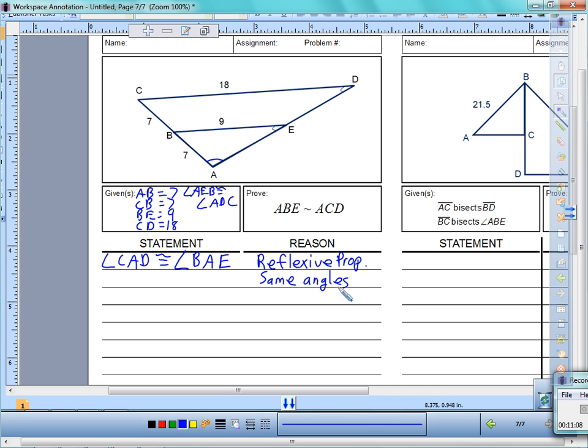Now, to finish myself out, I just need to set up my similarity statement. So I've got triangle CAD is similar to triangle BAE, and that is via the angle similarity postulate.